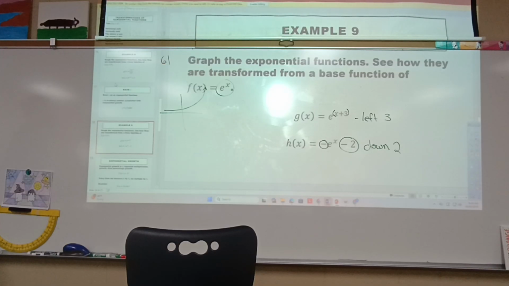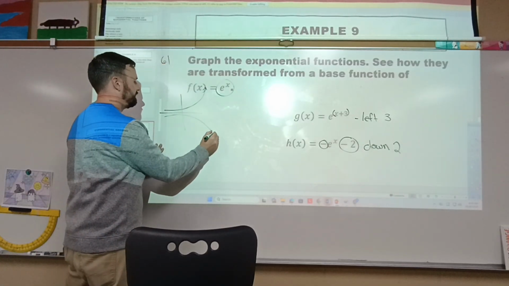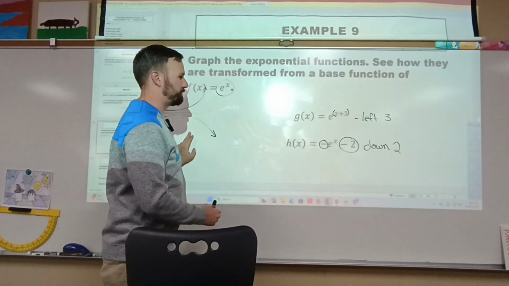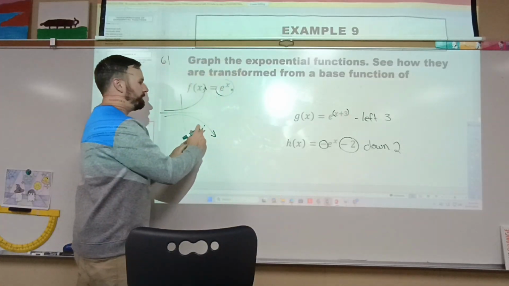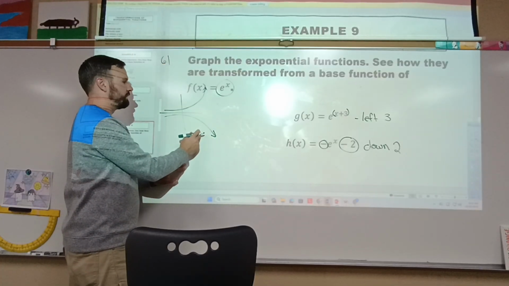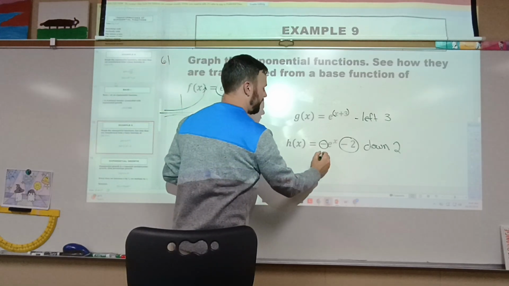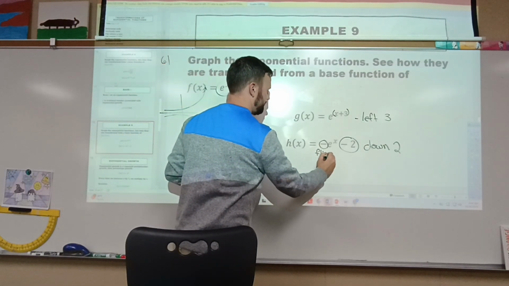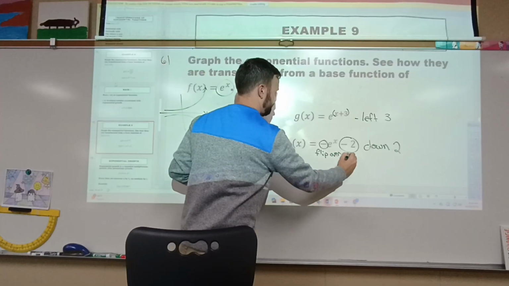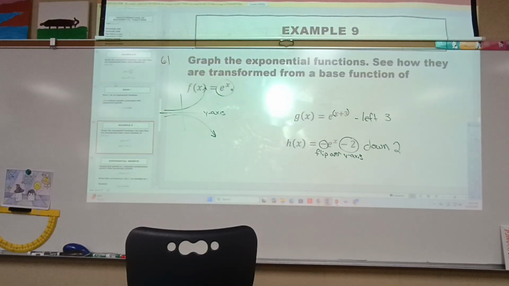Oh, no, I told you guys something wrong on one of the earlier ones. I apologize. If I put a negative in front, it means anytime I plug in a number, it'll be negative in my y-coordinate. I messed up my axis. This is a flip over the y-axis. Earlier, when there was a negative by our x, did I say flip over y?